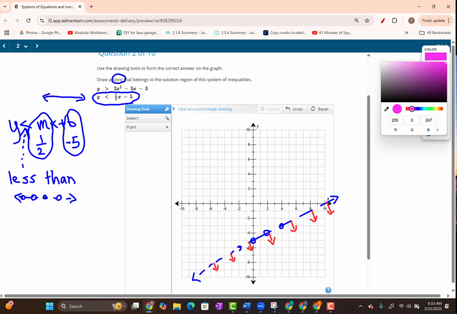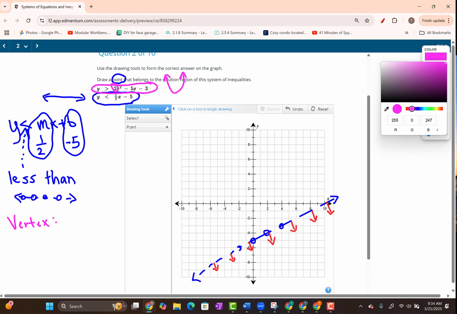But we need to narrow this down further by graphing this quadratic. So this, of course, is going to be a parabola. It's going to be a U, or a happy face rather than a frown face, because that leading coefficient is positive. So I'm going to sketch a really rough sketch of this by finding the vertex.